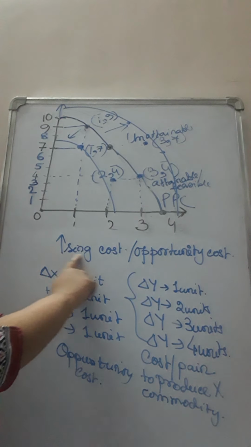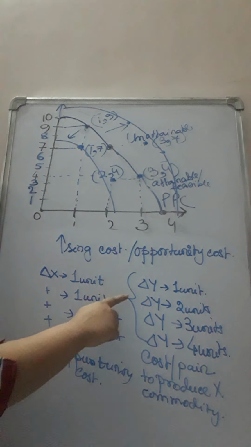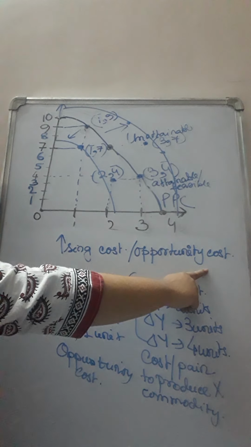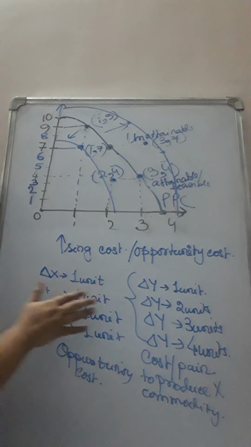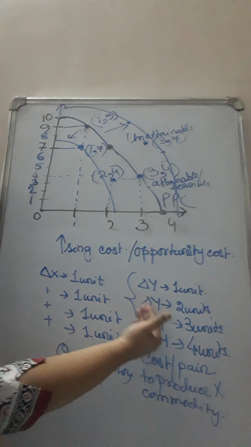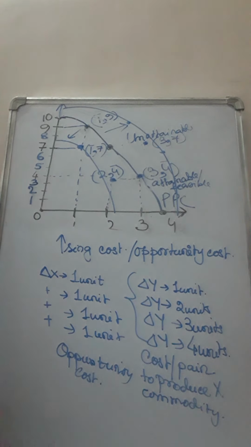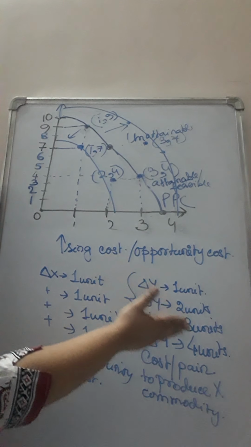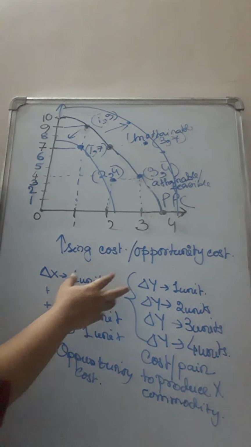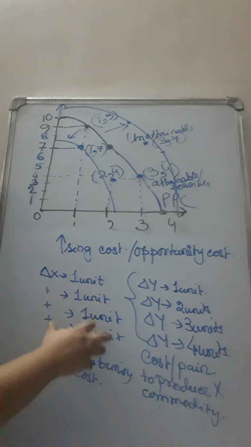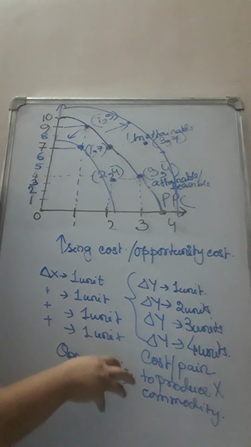So this increasing cost, or we can say the opportunity cost, in terms of the sacrifice of the other good, is increasing. And when the sacrifice is more, we say that the cost is more, the pain is more.